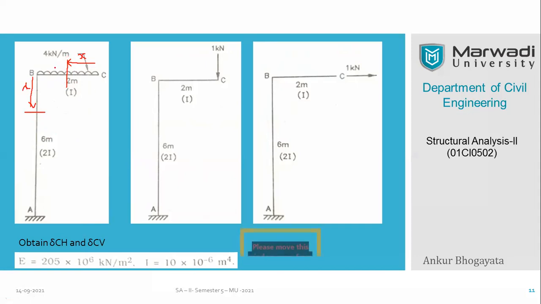In the second case it will be totaled 4 into 2, and it will be directly working on this second segment. So for the first segment it will be 4 into x square by 2, and for the second segment it will be 4 into 2 into 1. That will be the total moment that you need to transfer here.